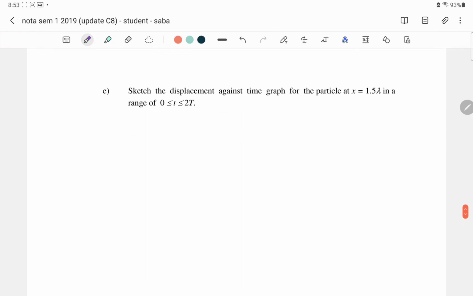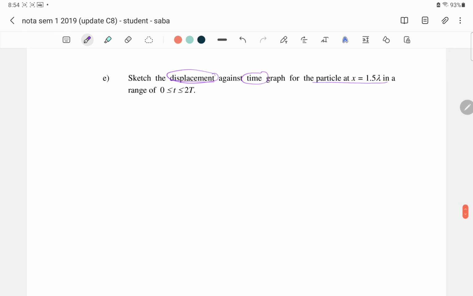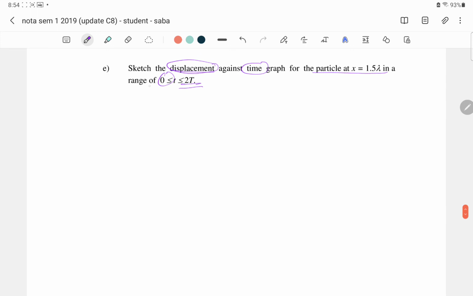And then seterusnya, for E, sketch the displacement against time graph for the particle at x equal to 1.5 lambda in a range of 0 to 2t. Okay, so again we use the same equation, sin omega t minus kx. So y equal to 5 sin 2 pi t minus pi over 2 x.